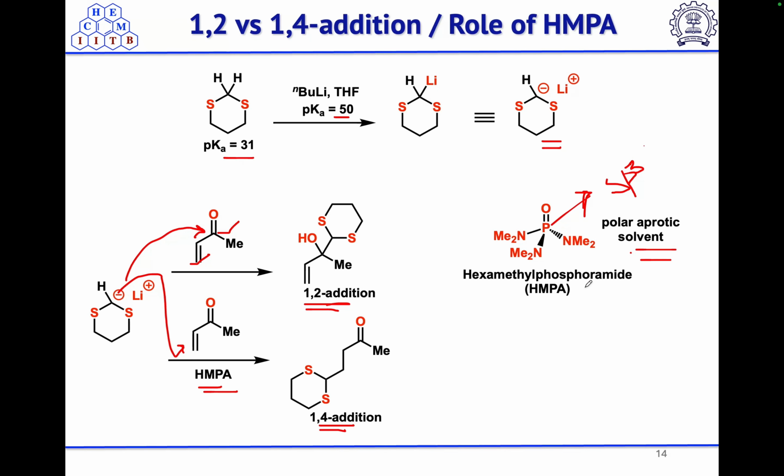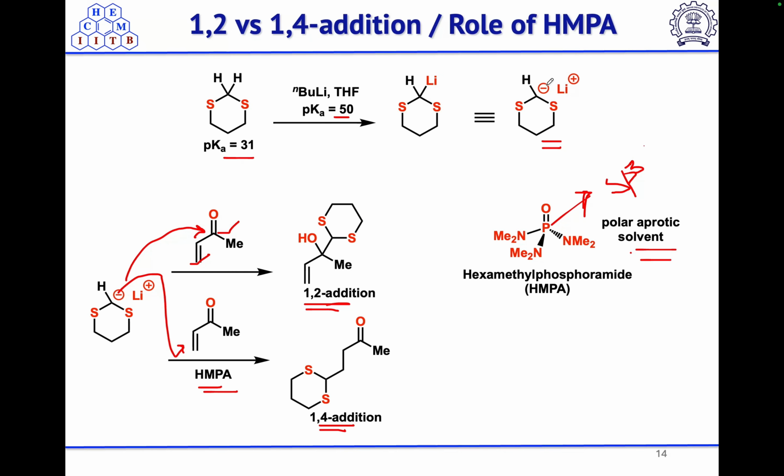Now what is the role of this HMPA for this 1,4 addition? If you see this C minus and Li plus, this is the corresponding carbanion, and this lithium plus is the corresponding counter cation of this anion.